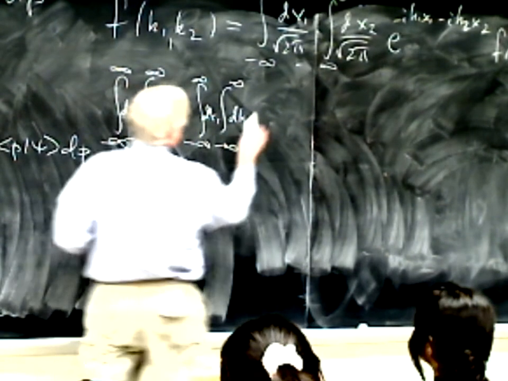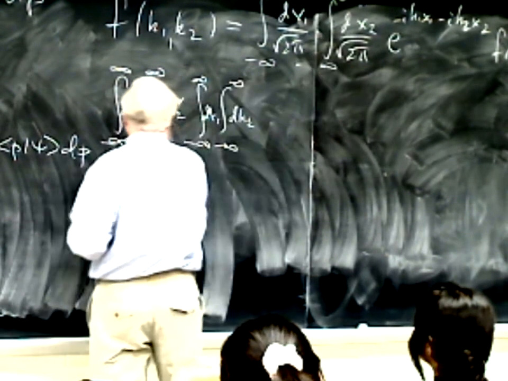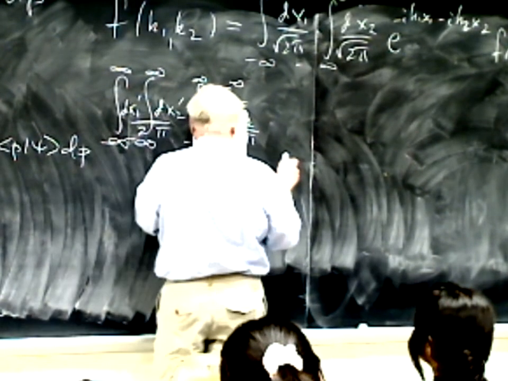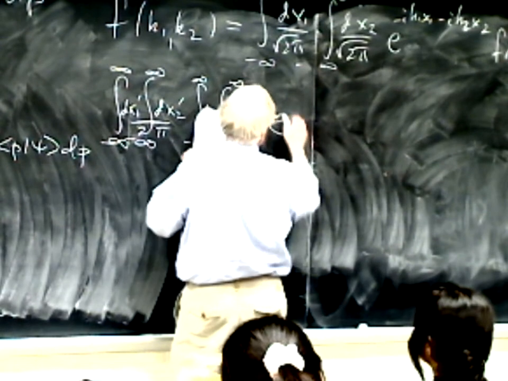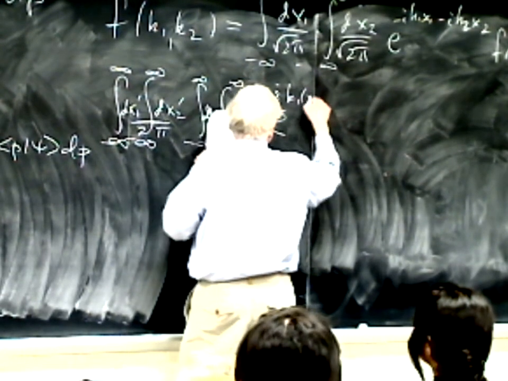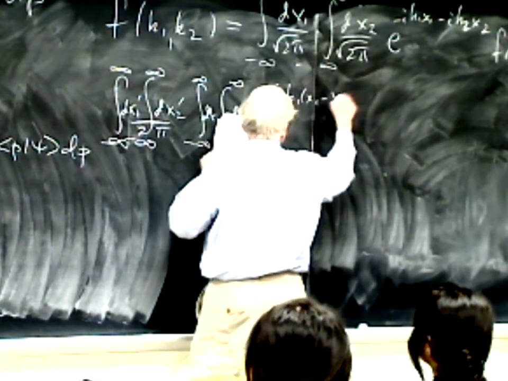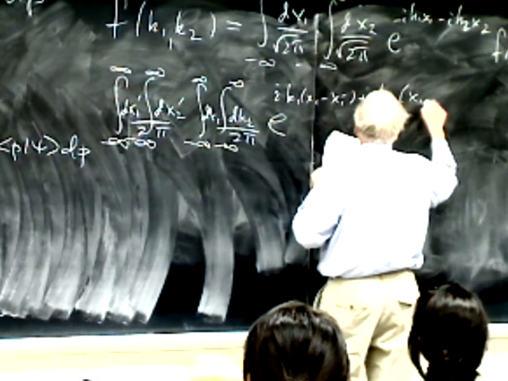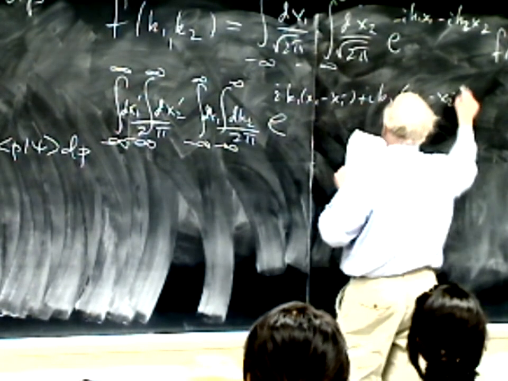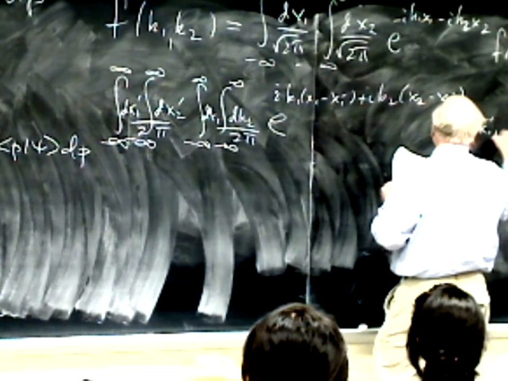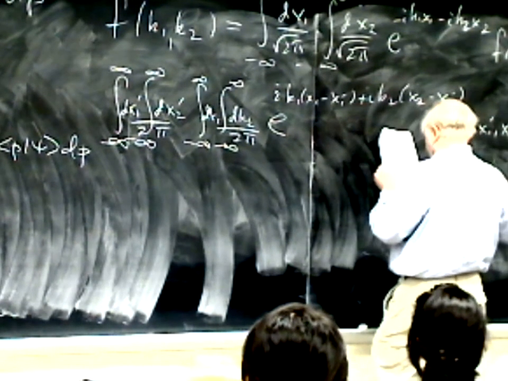Since there are 2 of these, you might as well just have a 2 pi here, 2 pi there, and then e to the i k1 (x1 minus x1 prime) plus i k2 (x2 minus x2 prime), f of x1 prime, x2 prime.